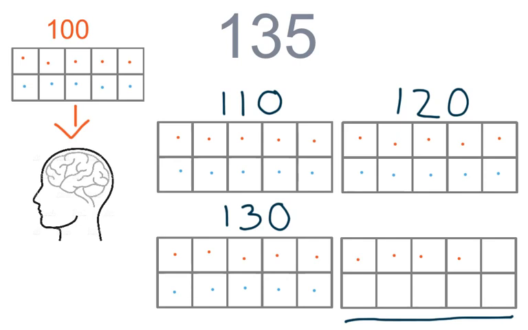After 130, we have to count by ones. 131, 132, 133, 134. How many dots do we need to add today? Just 1. Now we have 135.